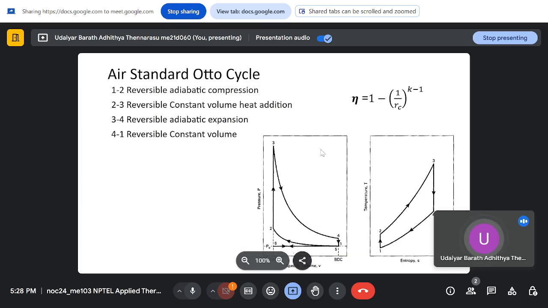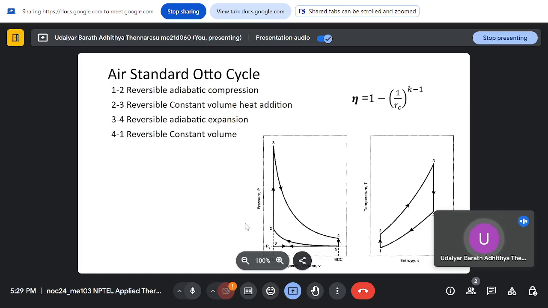This internal combustion engine can operate in 3 cycles, first the Otto cycle, then the diesel cycle, and a dual cycle. In the Otto cycle, 1 to 2 is reversible adiabatic compression, then constant volume heat addition, 3 to 4 is reversible adiabatic expansion, and 4 to 1 is constant volume rejection, that's the exhaust basically.